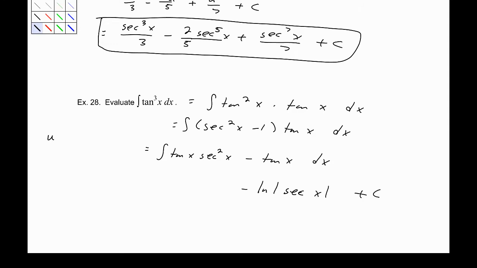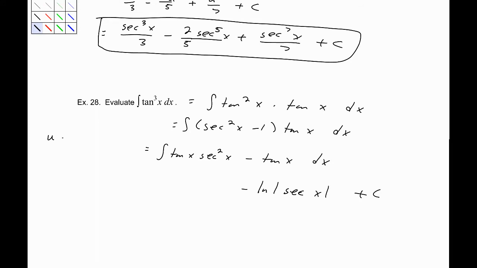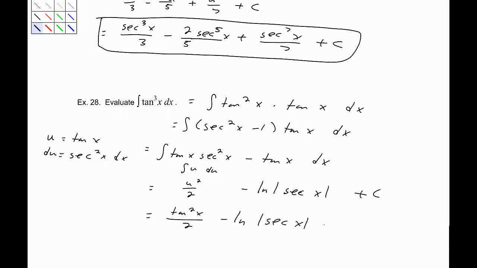U will be tangent, du will be secant squared x dx, and this becomes the integral of u du. So we get u squared over 2, so that our integral is tangent squared x over 2 minus natural log of the absolute value of secant x plus c.